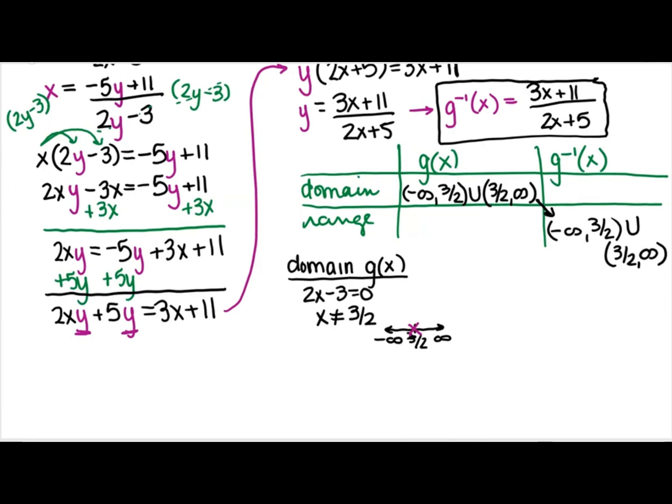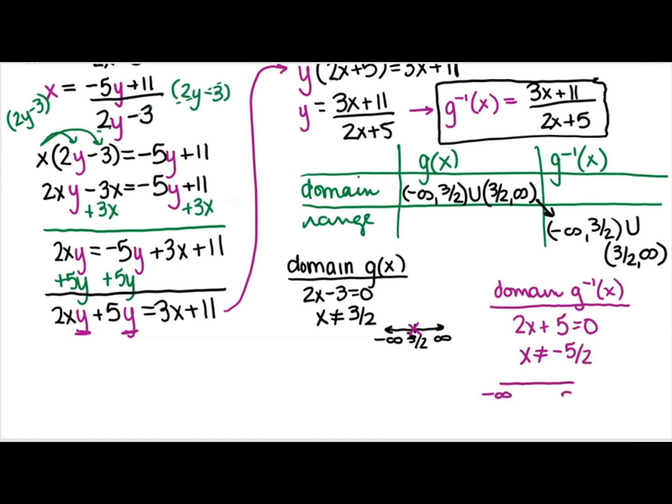Next, let's find the domain of our inverse. Start the same way, take our denominator equal to 0 to find our restricted values. Subtract the 5 and divide by 2, and we find out that x cannot be negative 5 halves. If you set yourself up with the number line, only negative 5 halves is going to be canceling out.